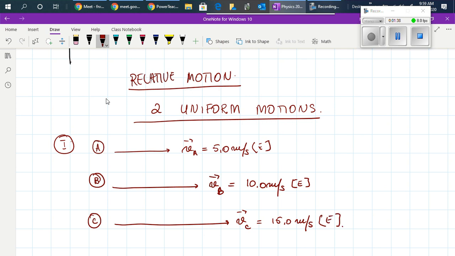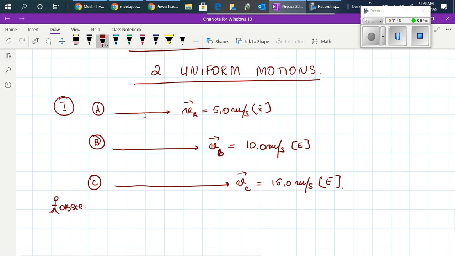And what is happening here? We have an observer that is standing and observing this motion. This is type 1, and you should be able to identify what the observer sees.